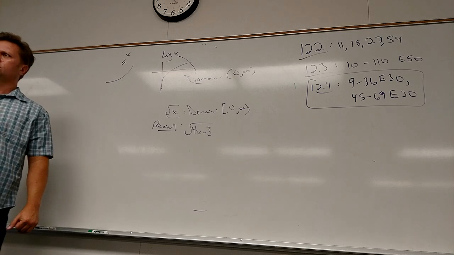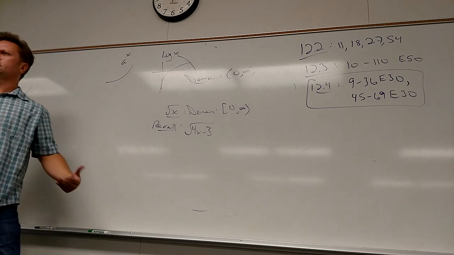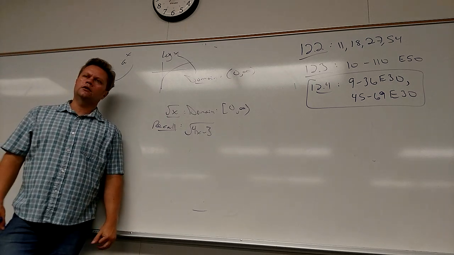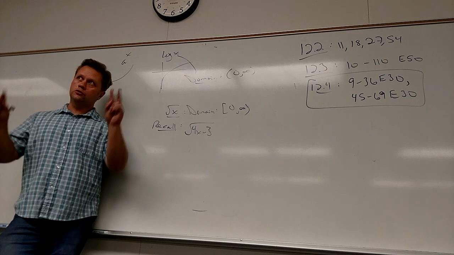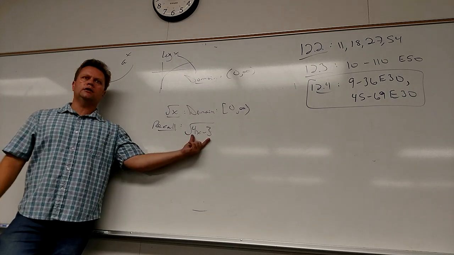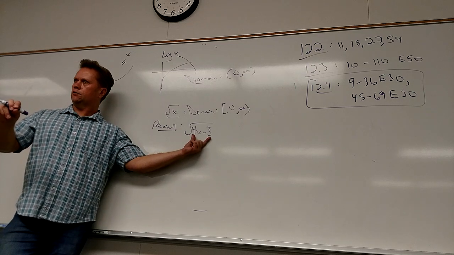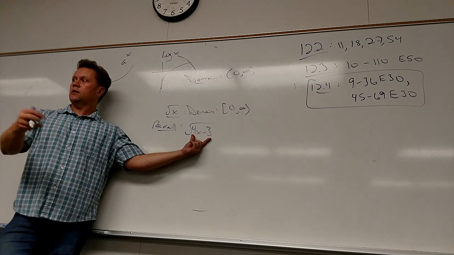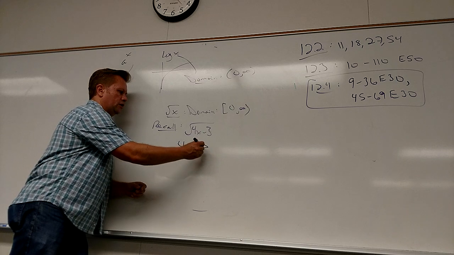No. You guys are trying to give a reason as to why the square root goes away, but it doesn't. What's the idea here? The inside has to be what? For this to work, it has to be 0 or more, right? It has to be at least 0. So the inside has to be greater than or equal to 0.